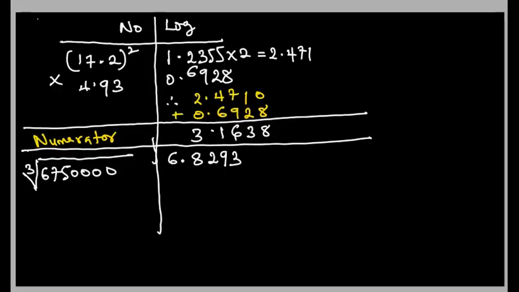Now it's a cube root. For roots we divide. Since this is cube root, I divide by 3, and dividing this by 3 gives us 2.2764. So we've gotten the value for our denominator.